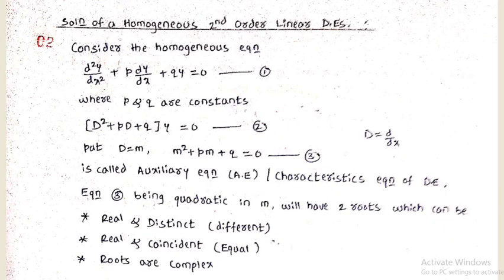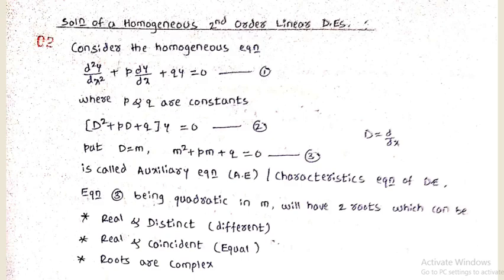The next topic is the solution of a homogeneous second order linear differential equation. Consider the homogeneous equation d^2y/dx^2 + p dy/dx + q y = 0, equation number 1.